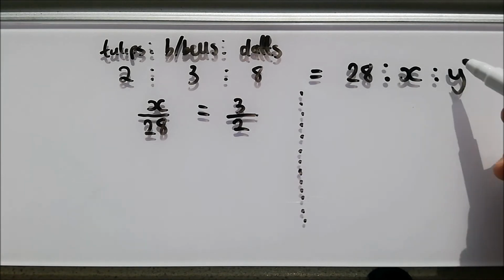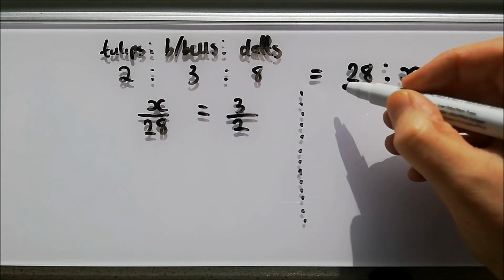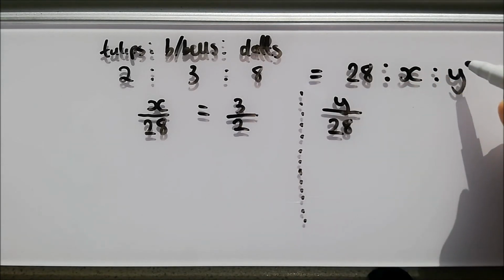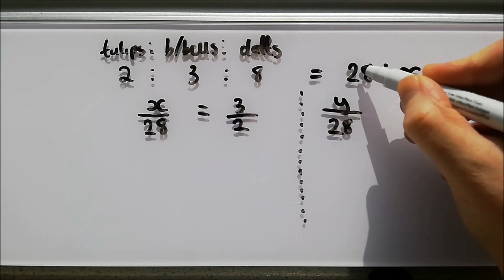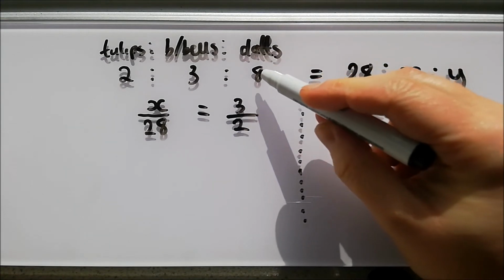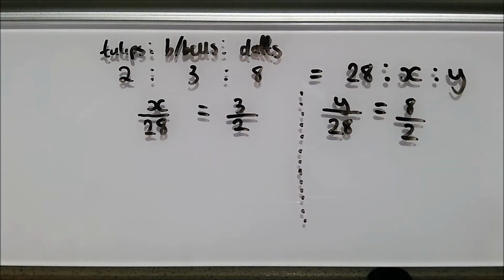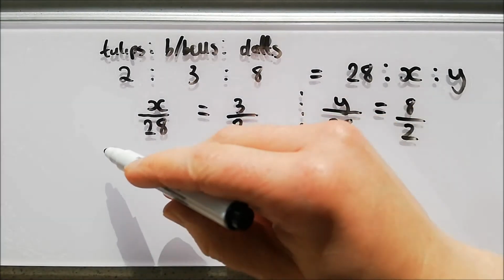I'll then do the daffodils separately, so I'll put Y over 28 for the daffodils, and I'll put 8 and 2. So I've had to make 2 separate solutions for 2 separate unknown parts. Then it would be just like before.